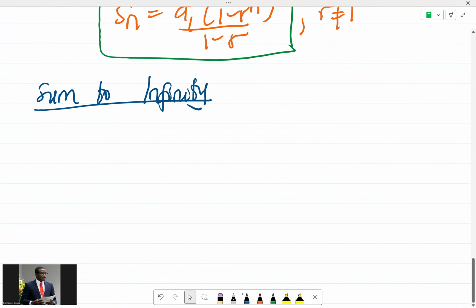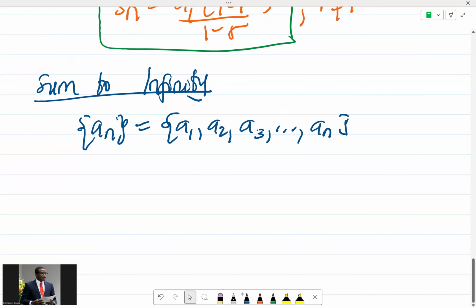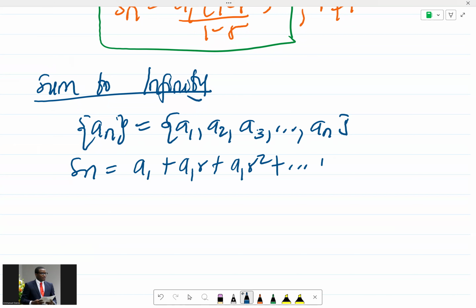Imagine that you have the geometric sequence A1, A2, A3 down to An. We already know that the sum is A1 plus A1R plus A1R squared, all that down to A1R to the n minus 1.